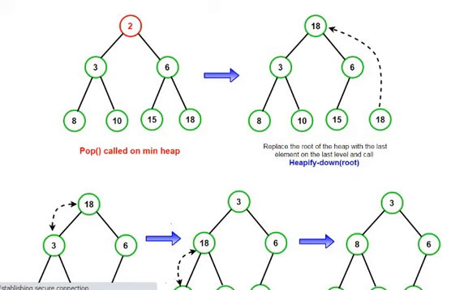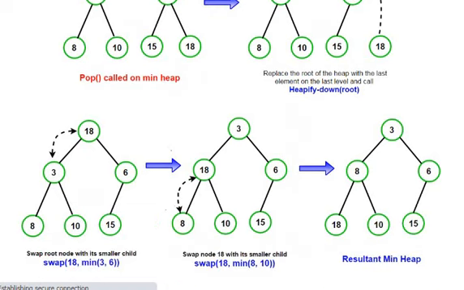Once the 2 is deleted, you need to replace the root of the heap with the last element on the last level. So here 18. We need to swap root node with a smaller child. It's min heap. So again swap 18 with 8, and now we have the resultant min heap.